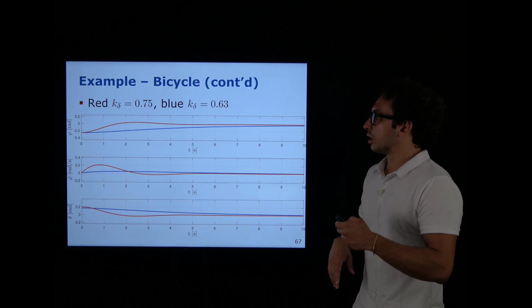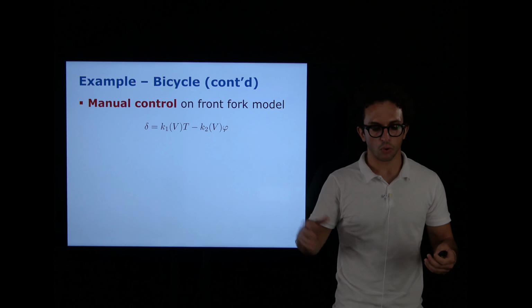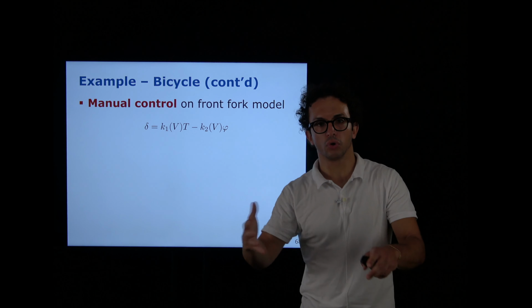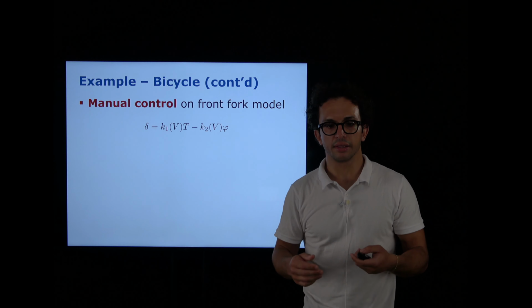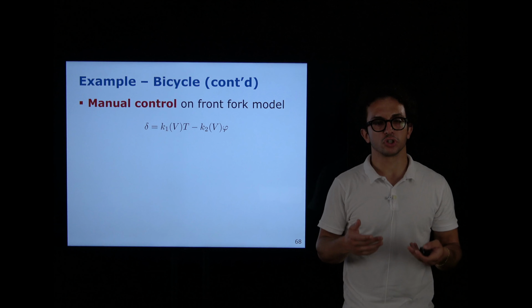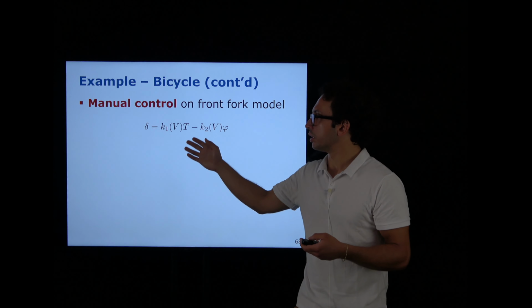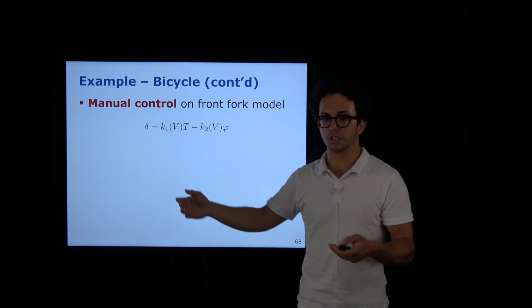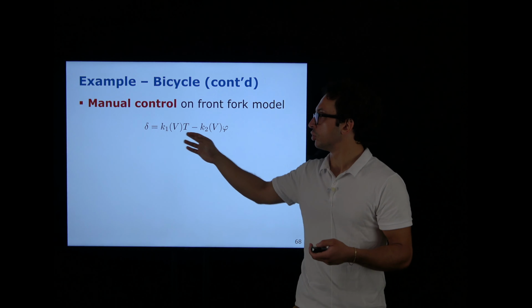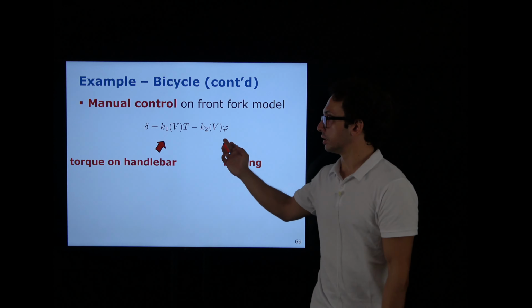Now, I'll show you some simulation on the front fork model. So now we introduce this angle and all the things that we said last time. If you remember, the transfer function was quite complicated. In this case, we use a delta, the steering angle, that depends on two things. One is the torque that you apply on the handlebar, because delta actually depends on the torque itself. And one depends also on leaning.